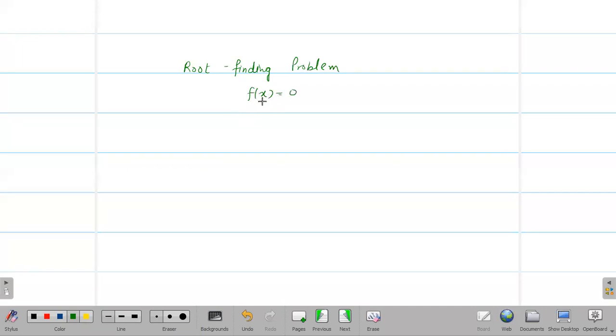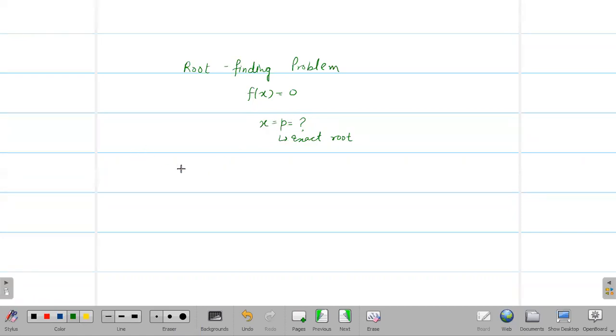Root means when you put x into the function, then it gives you 0, or you can say where the graph of the function cuts the x-axis. So you have to find x is equal to p. This is the exact root of this equation. But in numerical analysis, we know that we will get an approximate solution to this p.